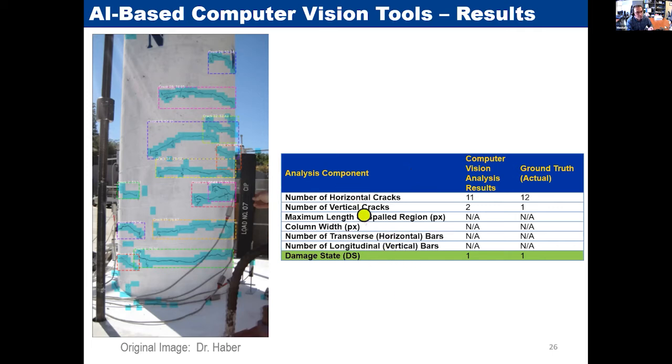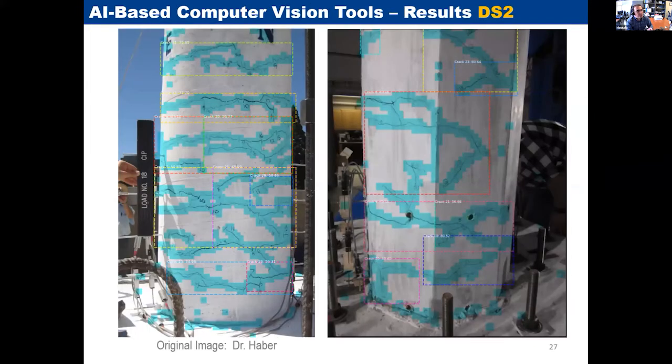If you count all of these, then you should be able to go to the damage definition and say what damage state it is. And we checked it with ground truth, the actual one, and it is a very good estimation of the actual damage. Here are just a few quick examples of that. So that's damage state 1, where you have basically only flexural cracks.